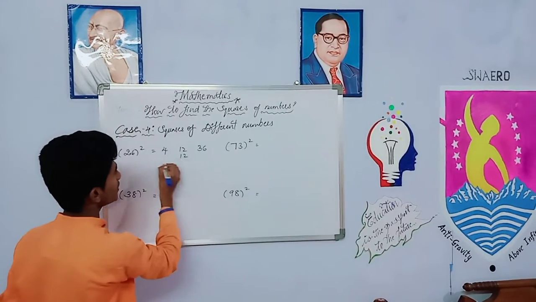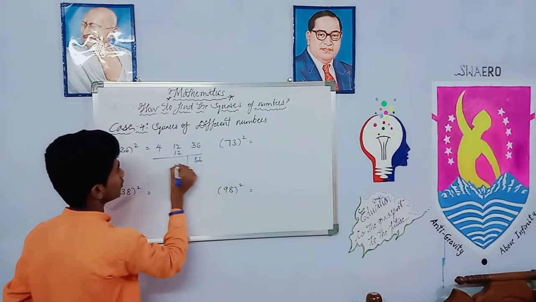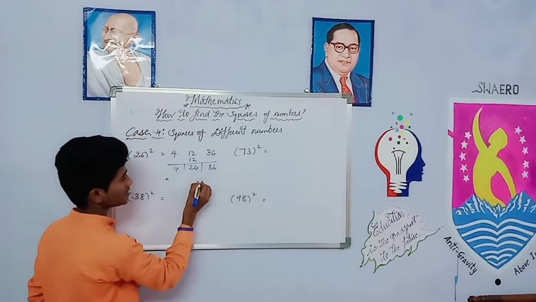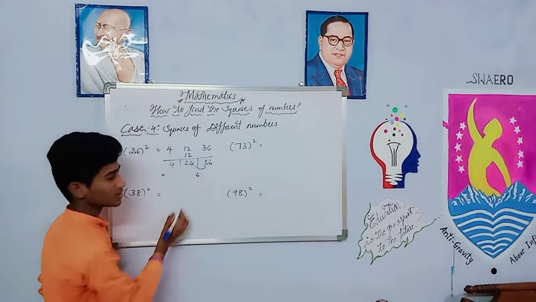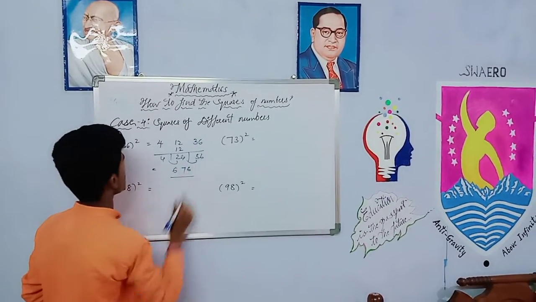In the middle you have to add the same digit: 12 plus 12 is 24, then 36 and 4. Now 6 stays and carry 3 to 24, making 27. So 676 is our answer.